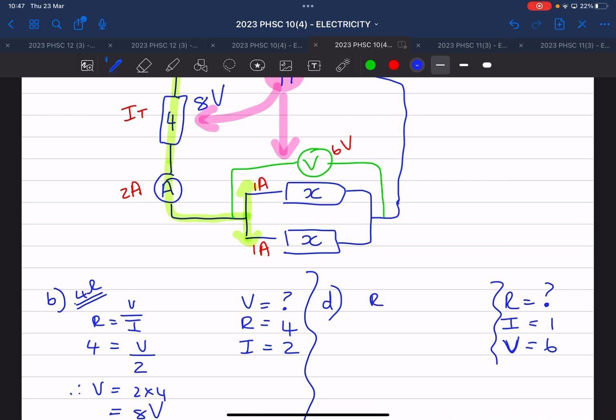Okay, so resistance is volts over current. The volts is 6, the current is 1. That gives you 6. What is the unit again? Oh my word. Isn't there a way? For resistance. Ohms.